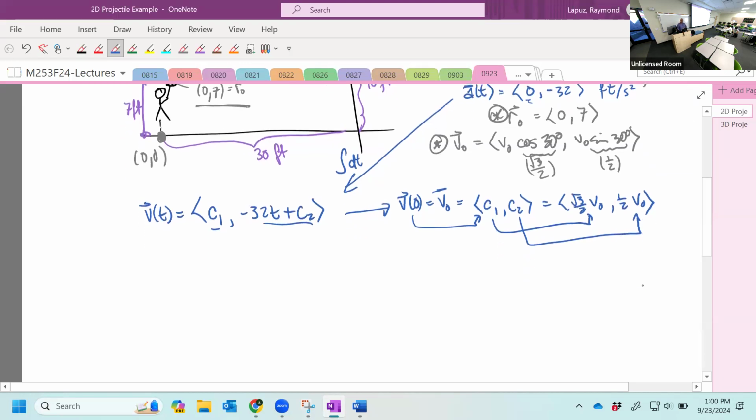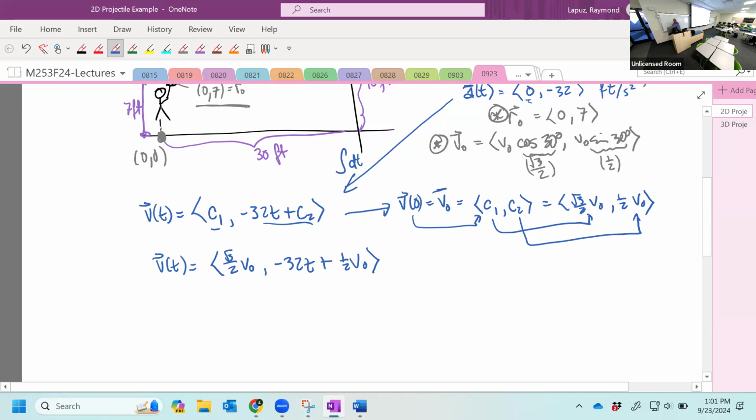So we can conclude that our velocity function is going to be root 3 over 2 v naught in the first component, comma, negative 32t plus 1/2 v naught.